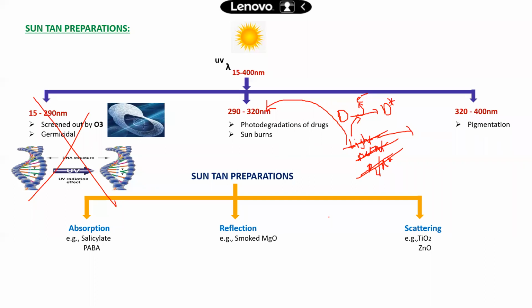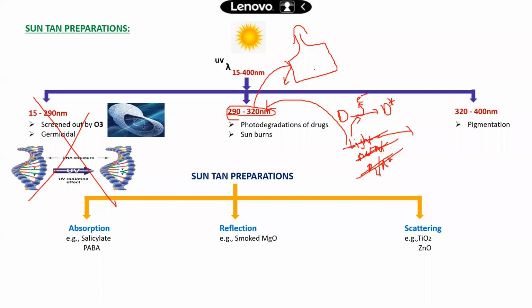What is a light resistant container? The BP, British Pharmacopoeia, gives the exact meaning. A light resistant container is one which can either absorb or scatter the UV radiation of 290 to 320 nanometer, but cannot permit it into the product. That is, the container whose walls cannot allow the passage of 290 to 320 nanometer.